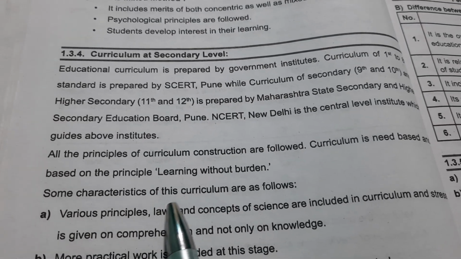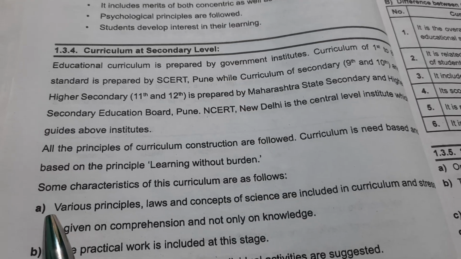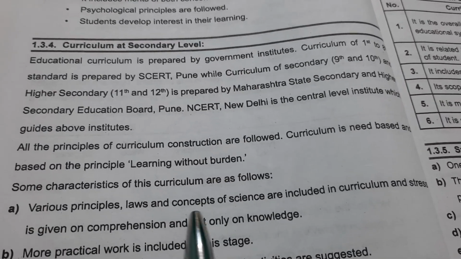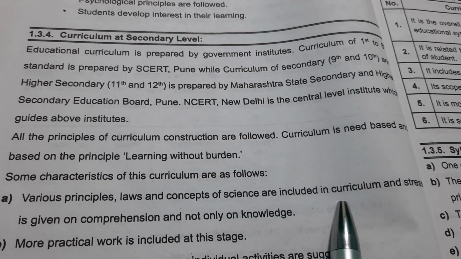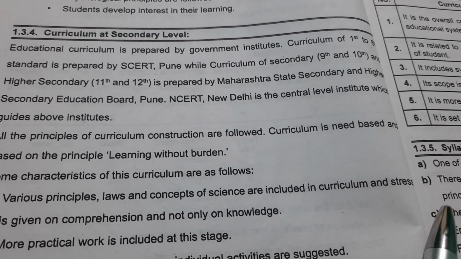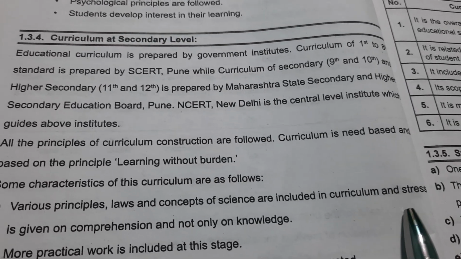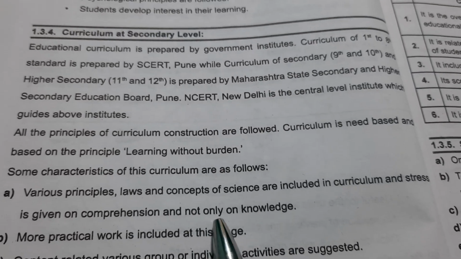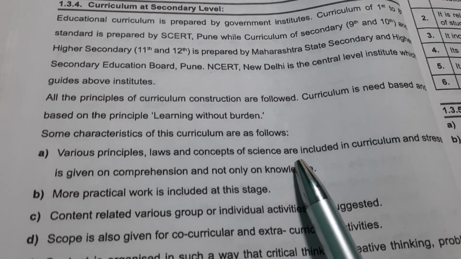So some characteristics of this curriculum are as follows. The first one you all can take down is various principles, laws, concepts of science are included in the curriculum. Here you all can take down this. Stress is given on comprehension and not only on knowledge.